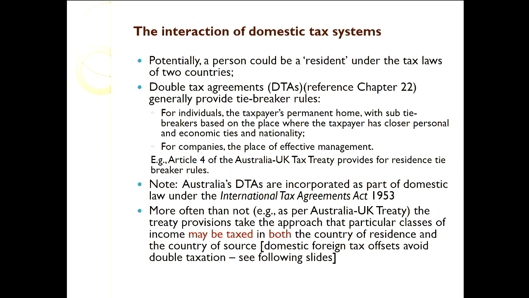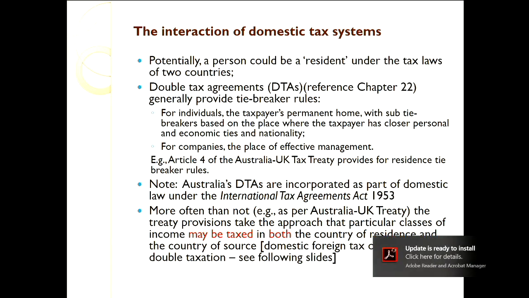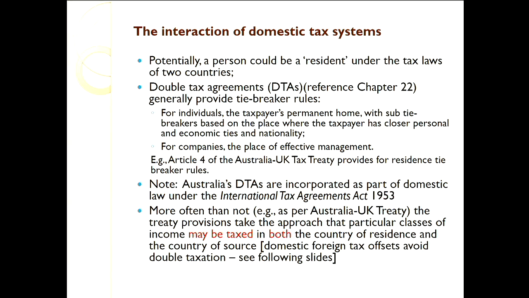Look, this is a for your information slide, just giving you a feel for it, the flavour of it, that we do have these double tax agreements. As I said, mostly they say that both countries can exercise taxing rights, right? Both the country of residence of the person and the country of source.